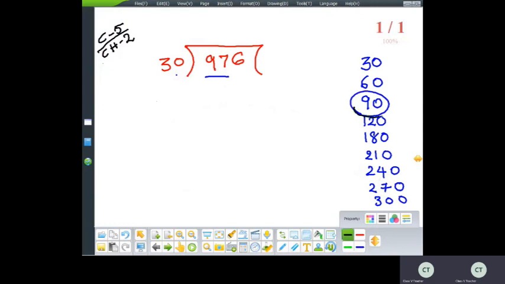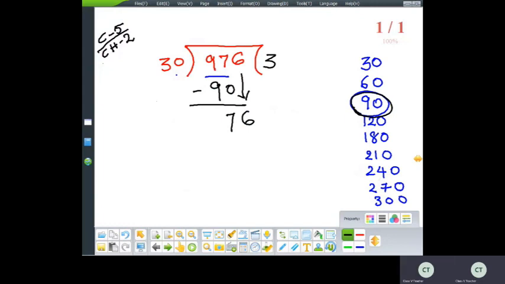Yes, the nearest is 90. So 30 3s are 90. Division friend is subtraction. So 7, get the 6 down, 76. So in the 30 table will you have 76?